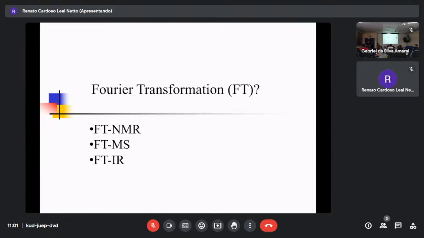It's a kind of revolution in spectroscopy because we can reduce a lot of time. When you do continuous wave NMR, one proton NMR takes 1 day, because we have to repeat several scans, a number of scans. But with Fourier transformation, we can reduce a lot of time. But it's not only NMR, it's also MS and IR.